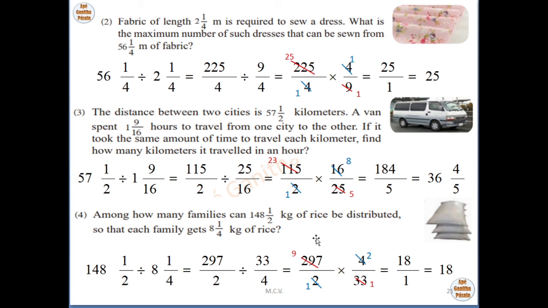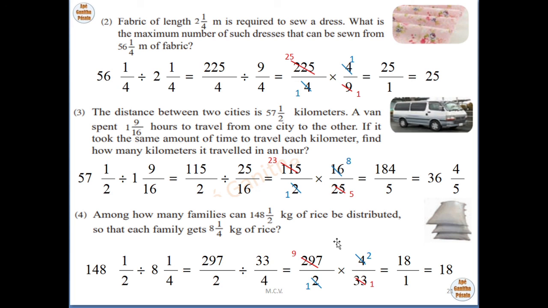You will notice that you can divide 33 and 297 by 33. 33 divided by 33, 1. 297 divided by 33, that is 9.